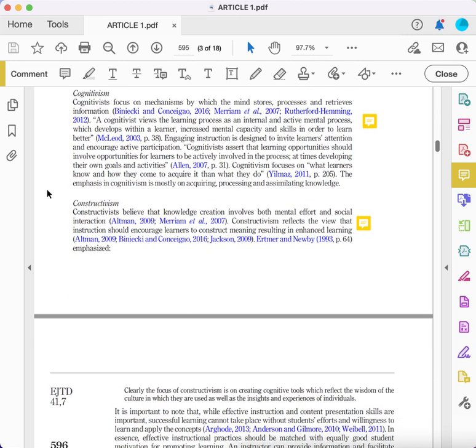So when we go into cognitivism, cognitivists really focus on different parts of the mind. How do we retrieve information? And so that mental process that the learner needs to use to solve a problem. There's a really good video that's posted in the module that gives an example of how a teacher is using that. They're giving an acronym of how to solve particular math problems.